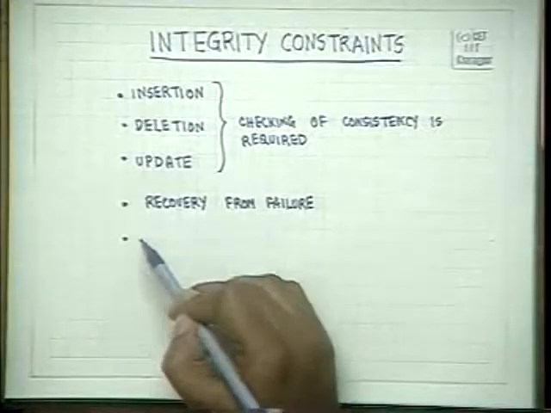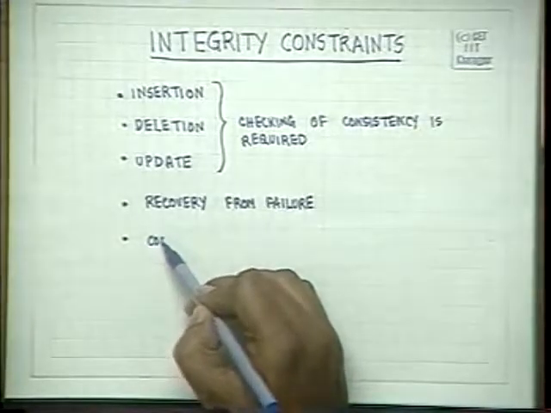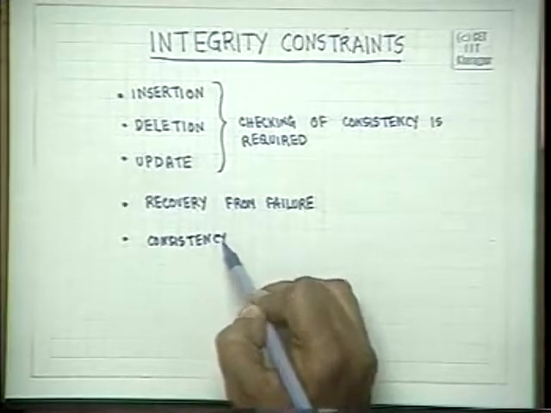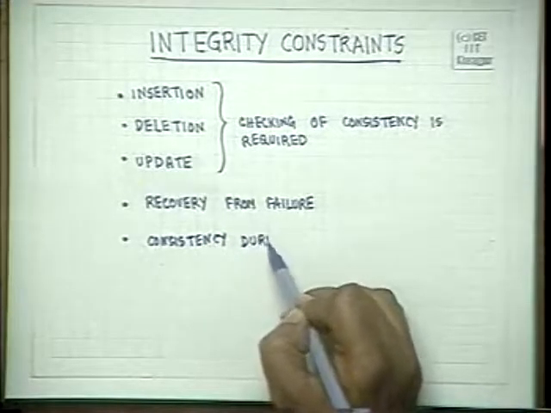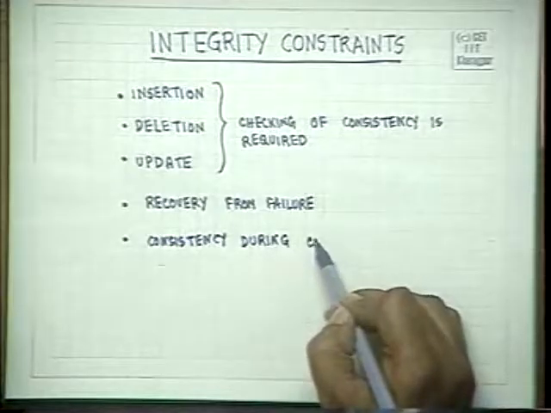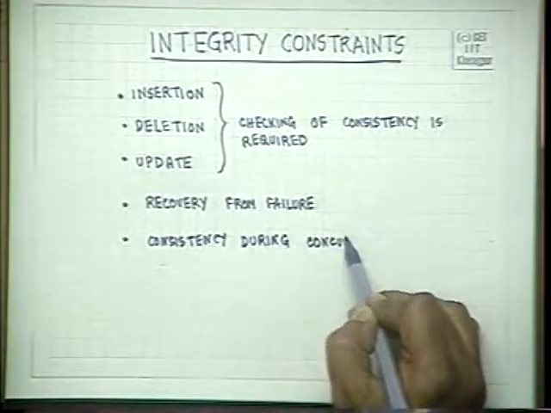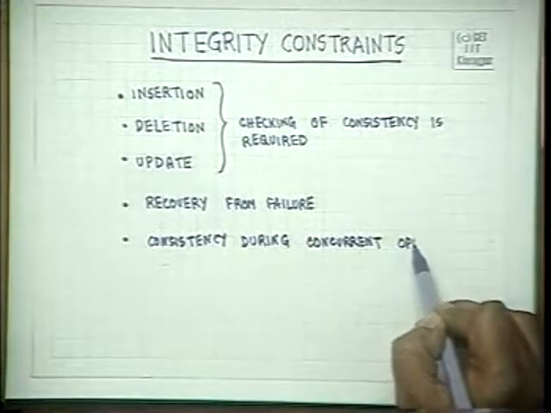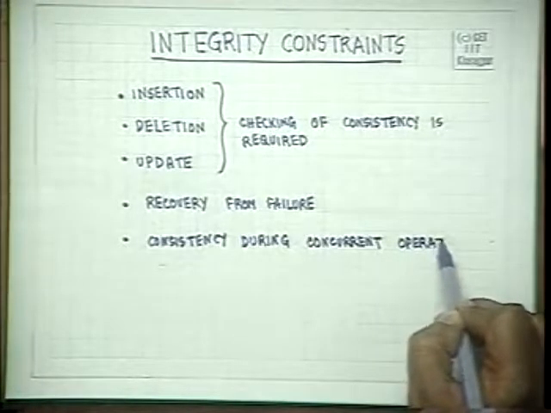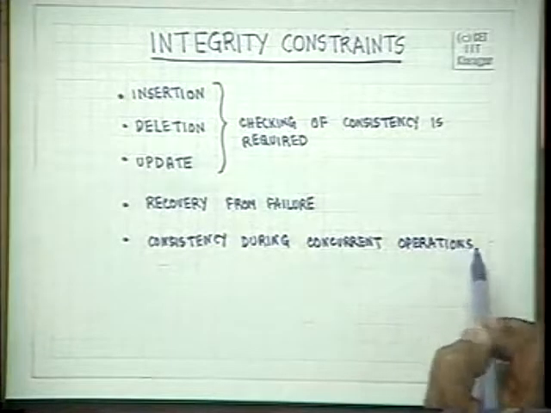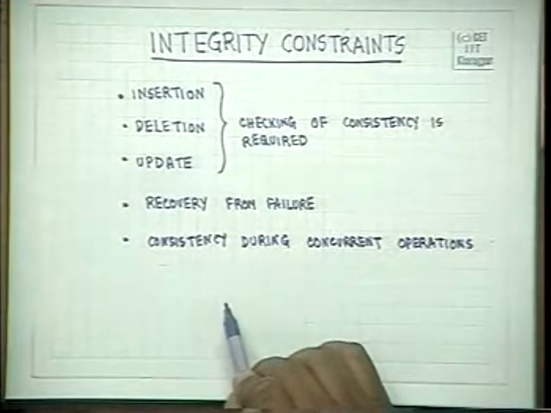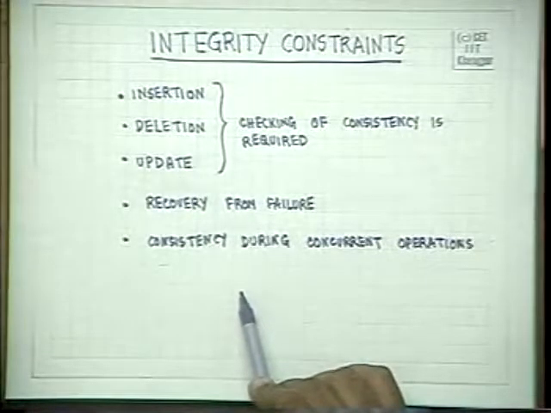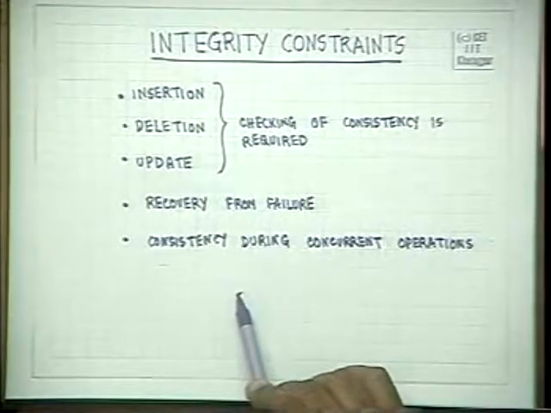The second thing is consistency during concurrent operations. We have discussed this before. When 2 or 3 users read shared data, there is not so much of a problem.